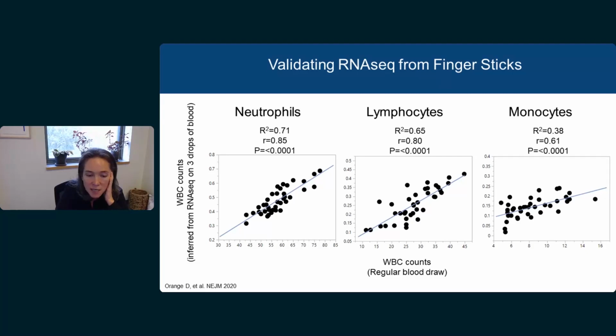When you take a blood sample from a patient and you get a complete blood count, there's always a differential of what percent of the cells were neutrophils, lymphocytes, or monocytes. And then we could compare those gold standard clinical blood count data to the inferred distribution of neutrophils, lymphocytes, and monocytes from RNA-seq data, and see that there's a pretty nice correlation. Indicating that RNA-seq from a fingerstick can give you a relatively good idea of what actually is happening in the blood at that moment.